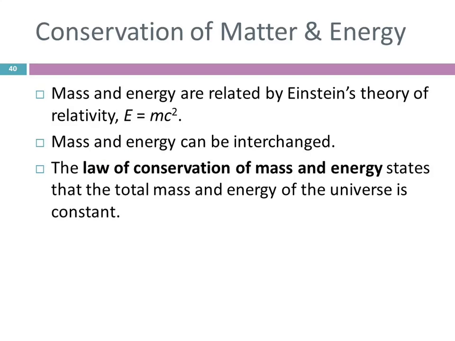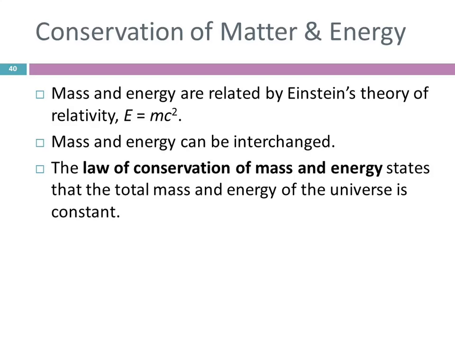So some of these laws that we have, Lavoisier came up with the law of conservation of matter. Matter can't be created or destroyed. And later we realized, well, actually, we have to modify the law and put some qualifications on it. And that's why it says matter cannot be created or destroyed in a chemical or physical process.